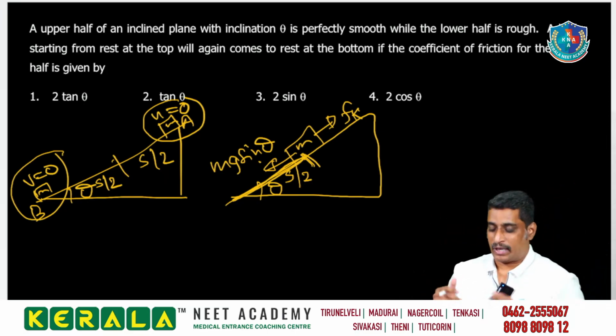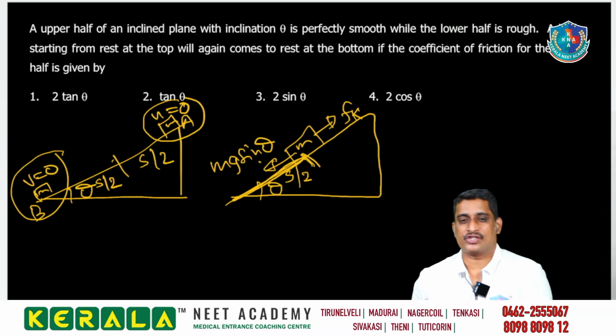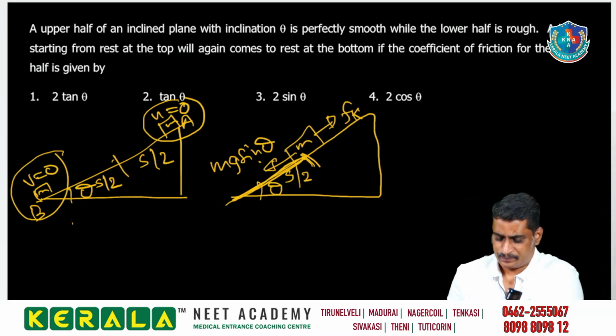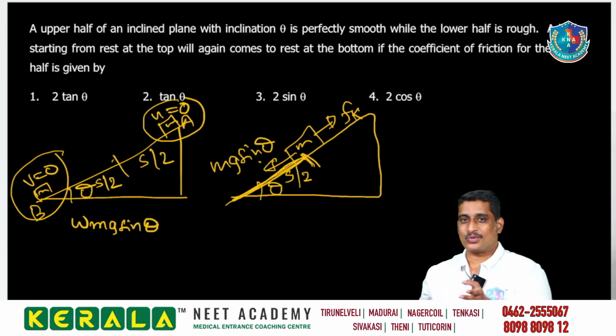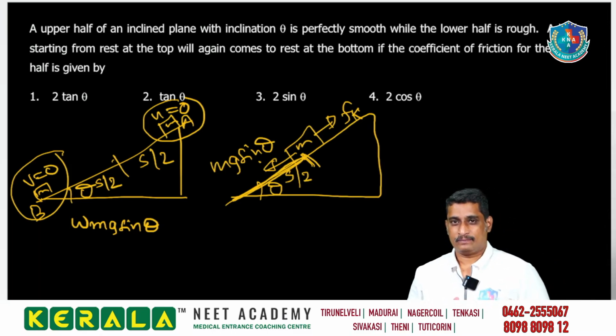Otherwise, directly if you apply the work energy theorem equation, according to the work energy theorem, work done by all forces is equal to change in kinetic energy. Here only two forces are doing work. This is the situation we are visualizing after resolving mg into components.